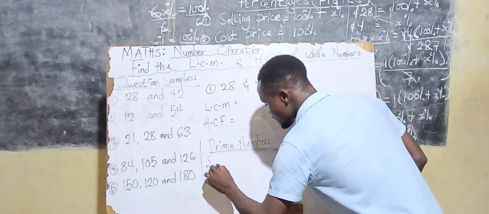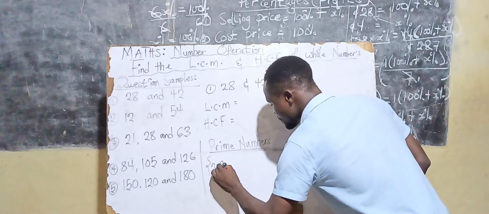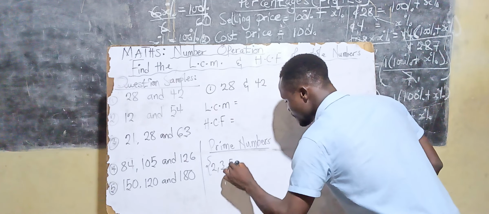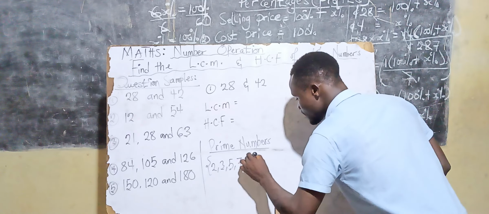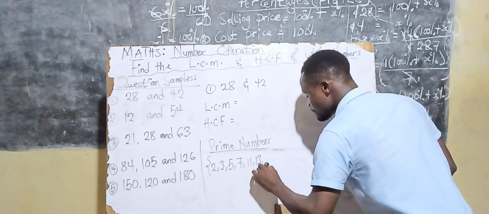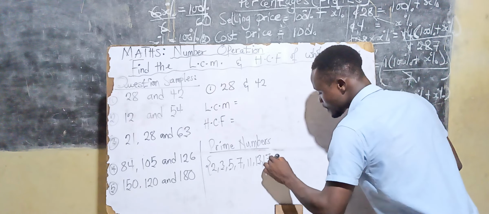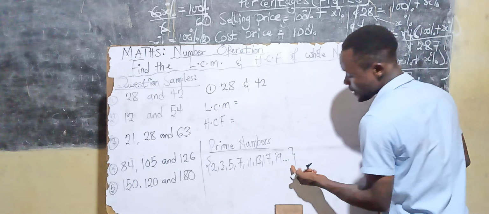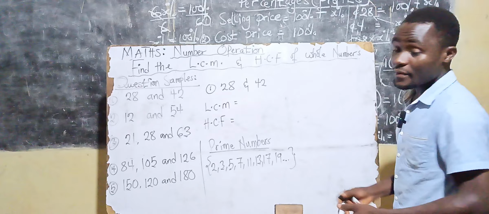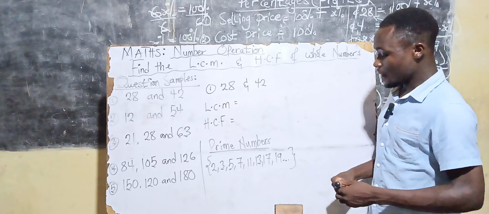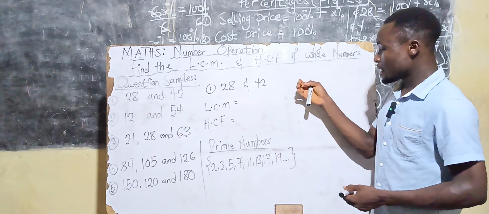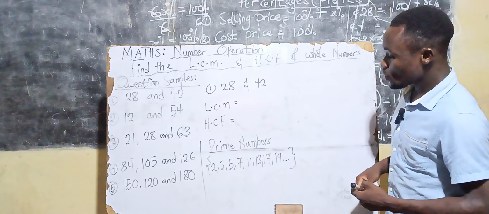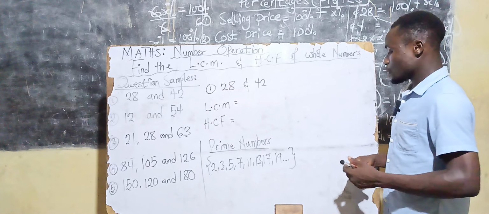So my prime numbers, I have 2, I have 3, I have 5, I have 7, I have 11, I have 13, I have 17, I have 19, and so on and so forth. So let me end here. The 3 dots here indicate that there are more prime numbers. So I'm going to use these prime numbers in accordance with what I'm going to do now.